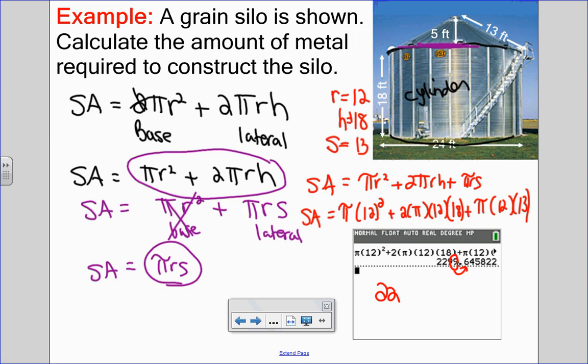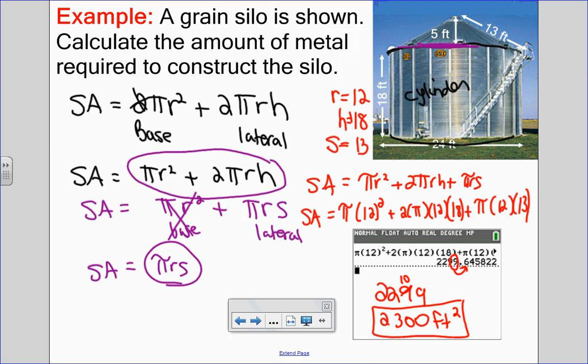So if I round the 9 up to the nearest whole number, it would be 2,000. I would have to round this one up to a 10. So it would actually end up being 2,300, and my units are feet squared for surface area. So that would be to the nearest whole number.